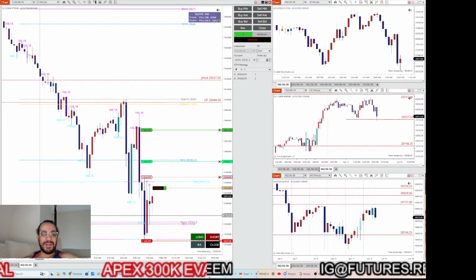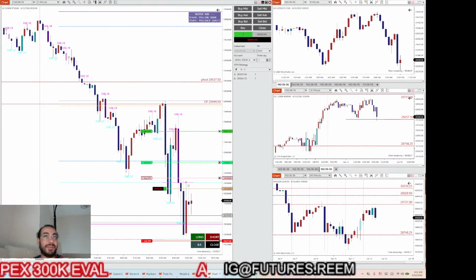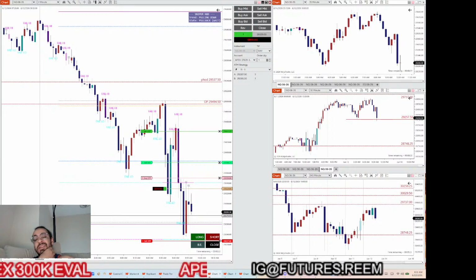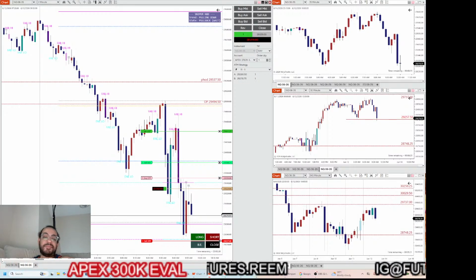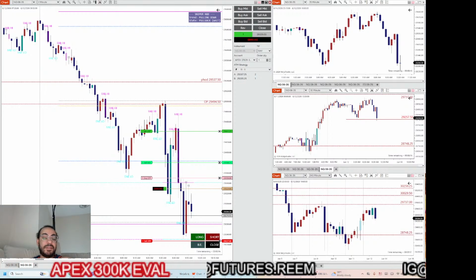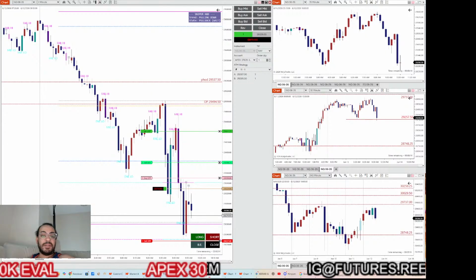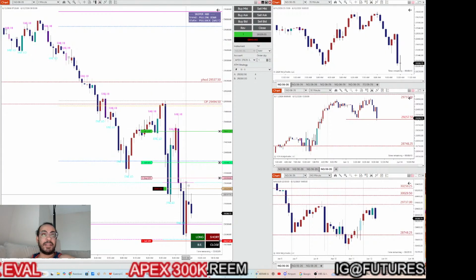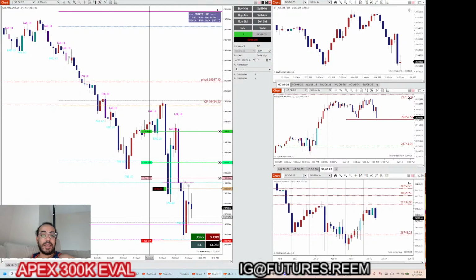But we're holding the support. Only if it breaks below support, you get out. I'm about to get out now because this consolidation, push down, consolidation looks like a bear flag.